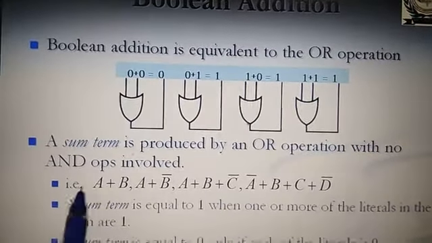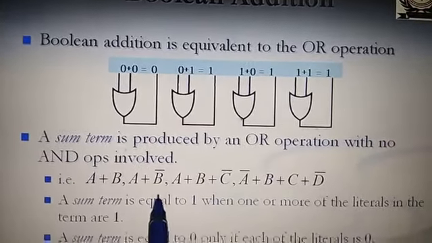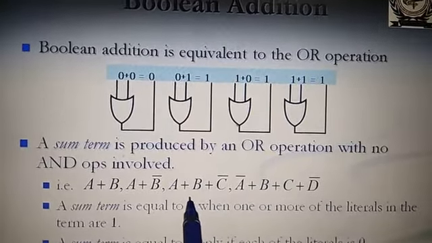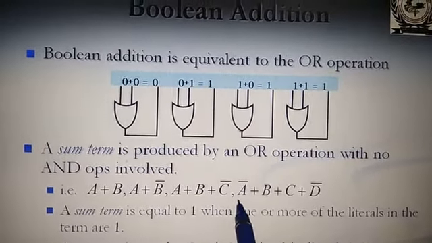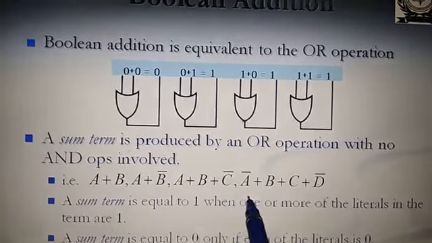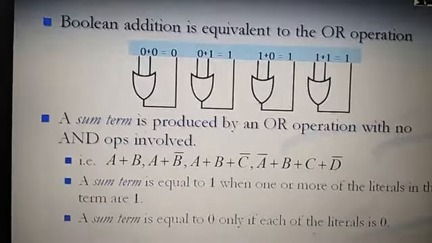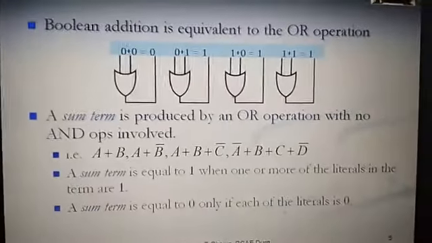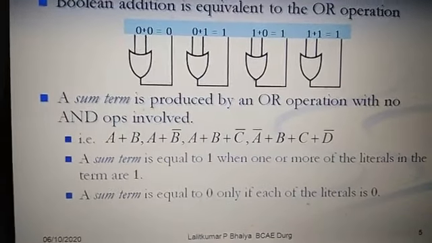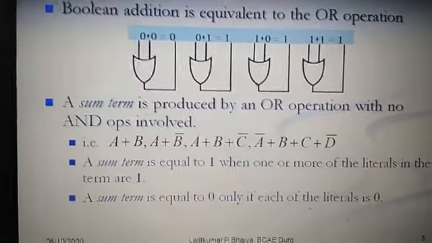Like A plus B, then A plus B bar, then A bar plus B bar plus C bar, C plus D bar, etc. These are examples of Boolean additions, and this is called a sum term. A plus B is a sum term, A plus B bar is a sum term, like this.